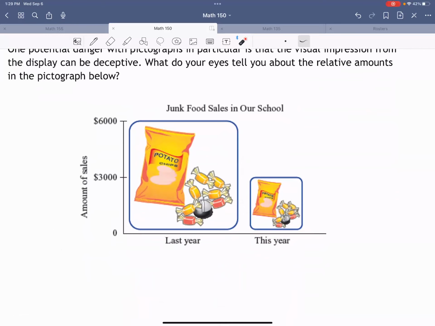Maddie, there we go. The same amount of food, just they're different sizes, like they just minimize the picture. You're really close. It's not the same amount of food, but it's close. It does minimize the picture. I do like that. Haley, it's kind of outlined like a bar graph almost.